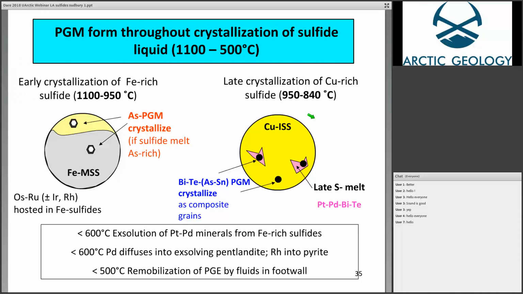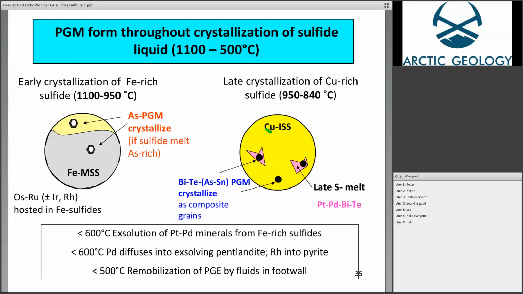However, if arsenic is present in the melt, such as on the South Range due to contamination, the arsenic is a very efficient collector, in particular of iridium and rhodium from the melt, crystallizing a zoned arsenic platinum group mineral, thus depleting the co-crystallizing iron-rich sulfides.